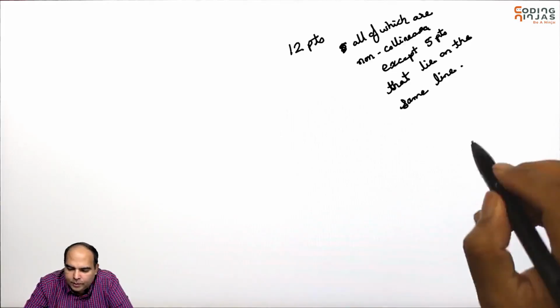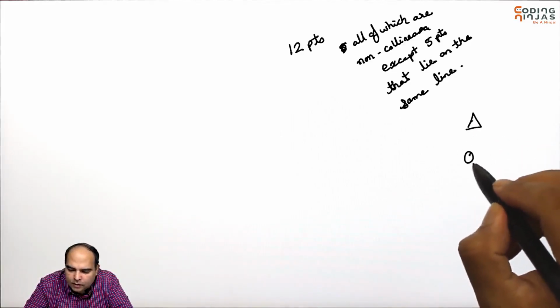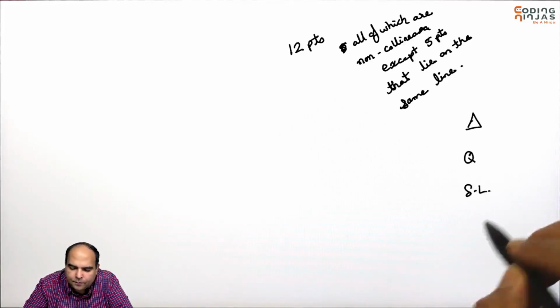So in this case, how many triangles, how many quadrilaterals, and how many straight lines can you make?